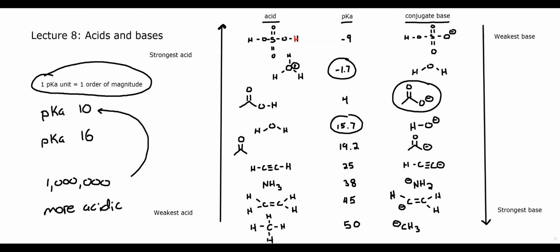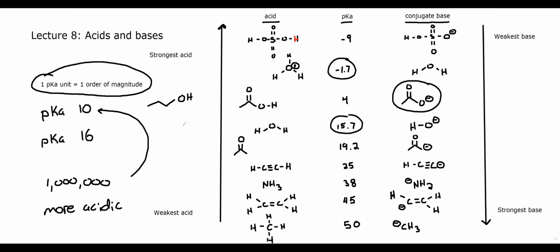Now we can use this information to infer the pKa of something like an alcohol. I drew a 3-carbon chain over here with an alcohol on it, propanol. We can infer the acidity of propanol based on our knowledge that water is 15.7. Water is very similar to this alcohol, right? It just has a C-O bond instead of an O-H bond there.